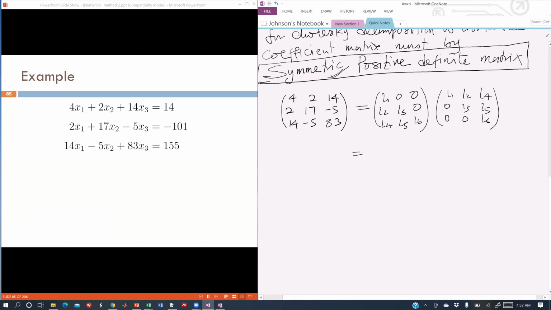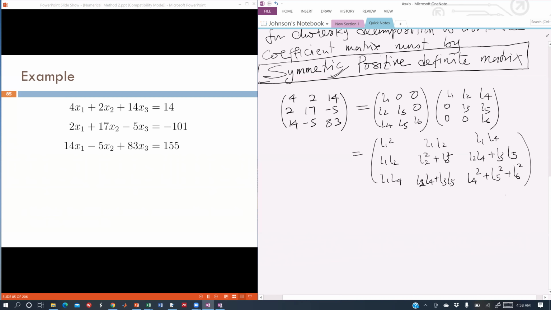And from the multiplication, we had L1 squared, then L1 L2, then L1 L4, then we have L1 L2, L2 squared plus L3 squared, then L2 L4 plus L3 L5, then we have L1 L4, L2 L4 plus L3 L5, then L4 squared plus L5 squared plus L6 squared.